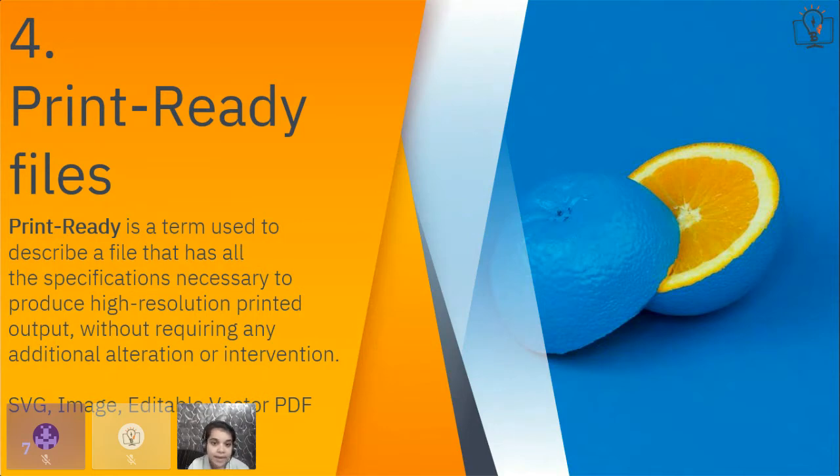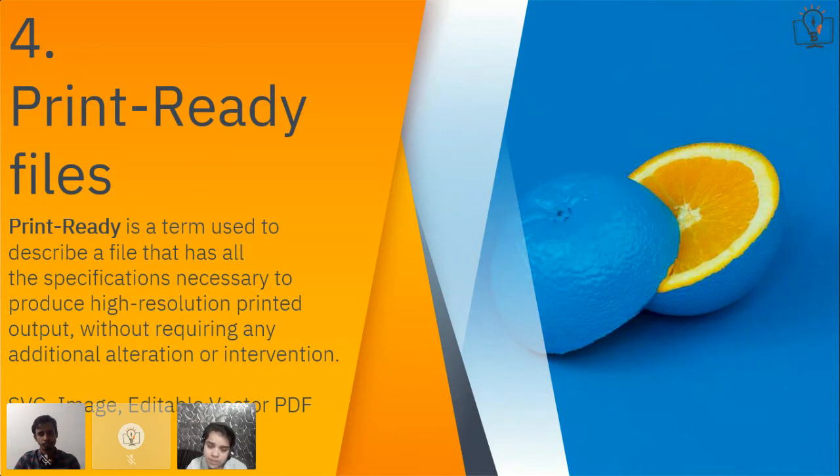And as you can see on the screen, let me now explain what print ready files are. A print ready file is typically a document which helps you specify all the necessary details, the specifications that you would need to get it printed in the end. If I put it in other words, it's just a file that a commercial printer can use as submitted to successfully create the desired print materials, right?